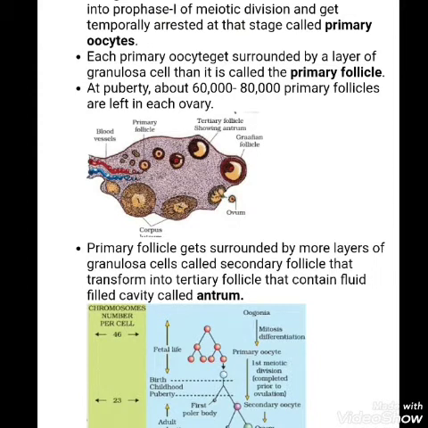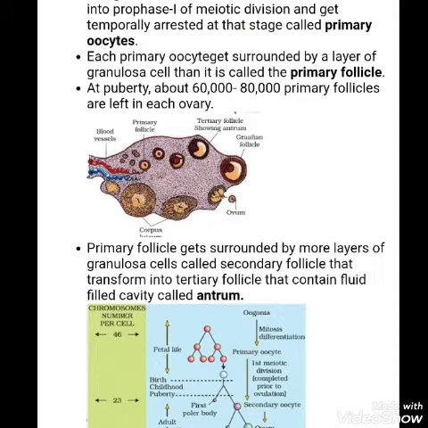Okay, and in that stage, that oogonia is known as primary oocyte when it is in prophase 1. So what happens? Each primary oocyte is surrounded by more layer of granulosa, and when the primary oocyte is surrounded by the granulosa layer, now it is known as primary follicle.